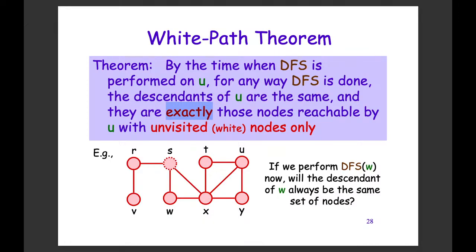Suppose that U is not visited during the DFS on S. Or if there is some node that is white and connected by a white node path, suppose it is not visited, then there is something wrong.